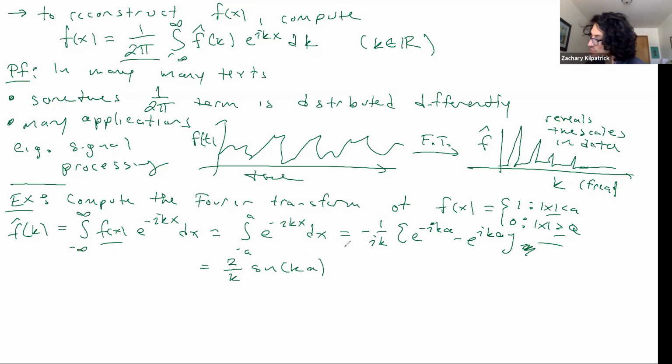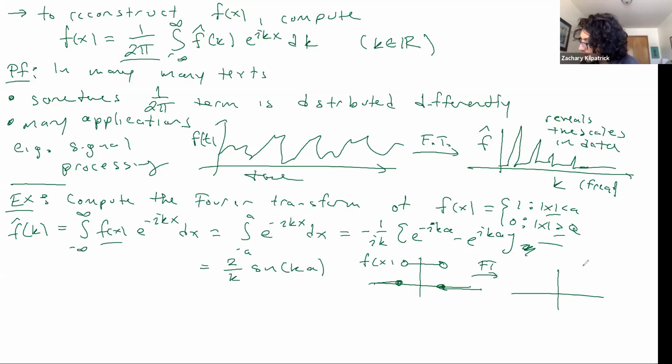So that's the Fourier transform. I took f of x, which is this top hat function, and I Fourier transformed it to the function sine of ka over k. For a fixed a, as I vary k, my function is going to look like this.